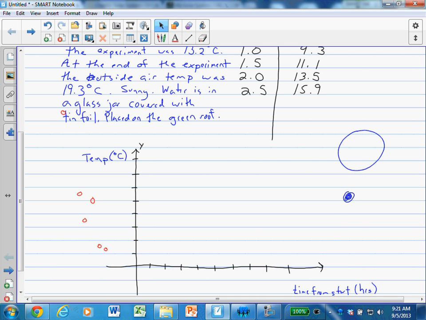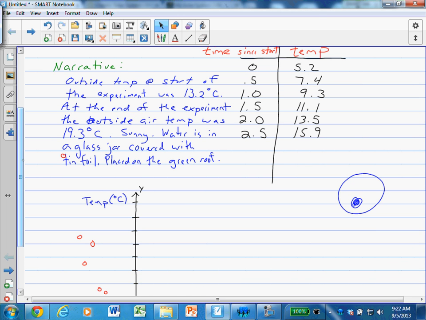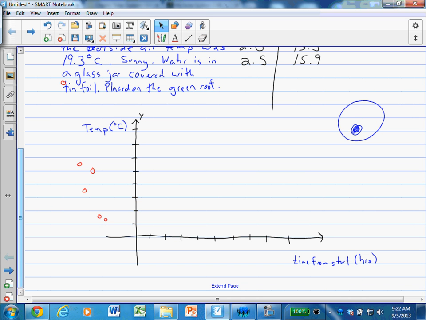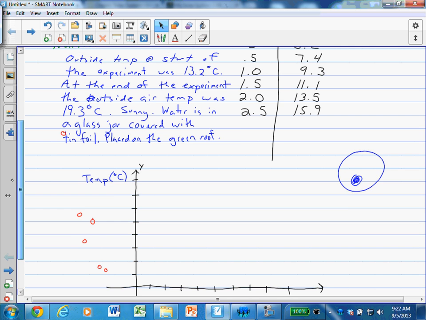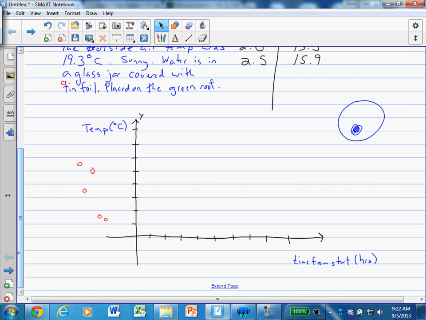All right. So if I look at the X, or the time, my data goes from 0 to 2.5. So all these can get up to 2.5, which is basically 1, 2, 3, 4, 6 divisions, and I have 1, 2, 3, 4, 5, 6, 7, 8, 9 marks.